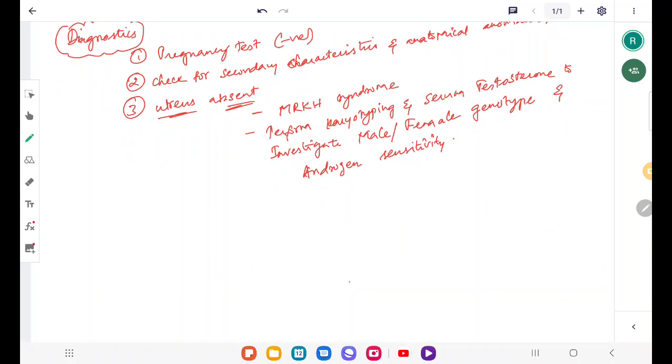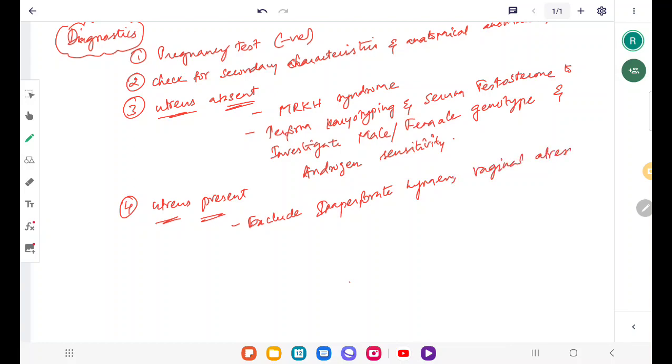Just in case the uterus is present, we have to exclude certain things such as imperforate hymen, vaginal atresia as we discussed, and transverse vaginal septum. We have to evaluate the levels of FSH.